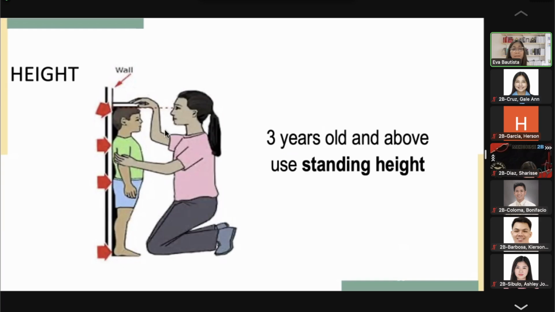And look at the one who takes the measurement. They must be at eye level rather than standing up and looking down. And the board must be flat and horizontal to the floor. That's how we get the height.